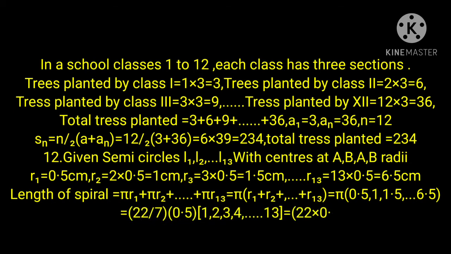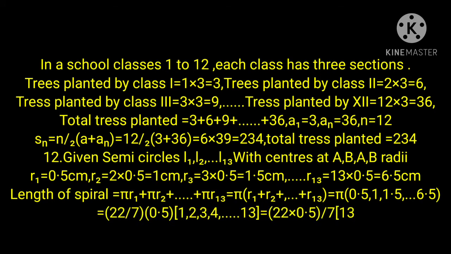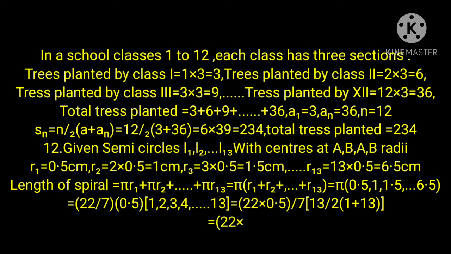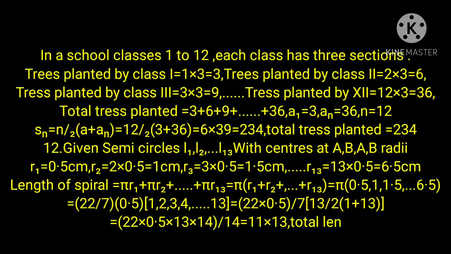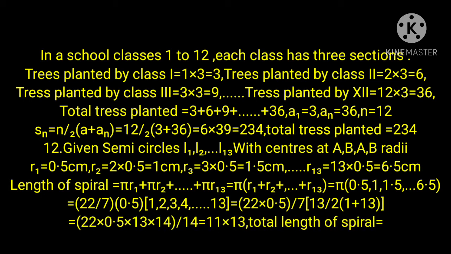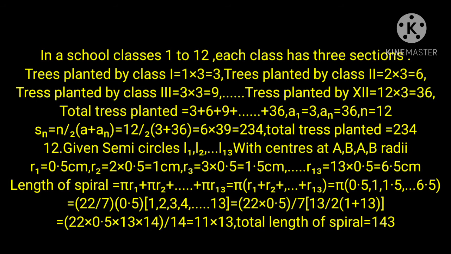If you substitute pi value 22 by 7 into 0.5, taking common, we get 1 plus 2 plus 3 plus so on up to 13, and that is equal to 22 into 0.5 by 7 into 13 by 2 into 1 plus 13, that is equal to 22 into 0.5 into 13 into 14 by 14, which is 11 into 13. So the total length of spiral is equal to 143.